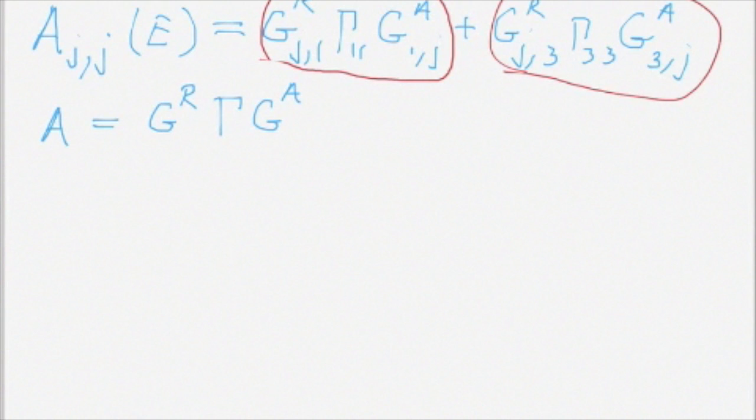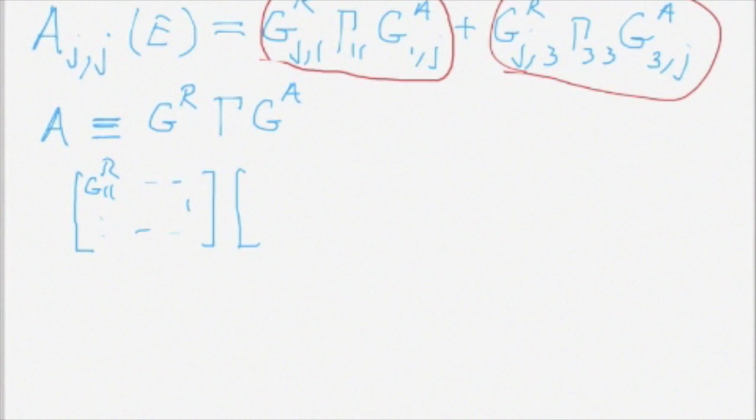And this is, I believe, always true. This is always true. And if we write out our Green function matrix, this would be our 3 by 3, G11 and so on.